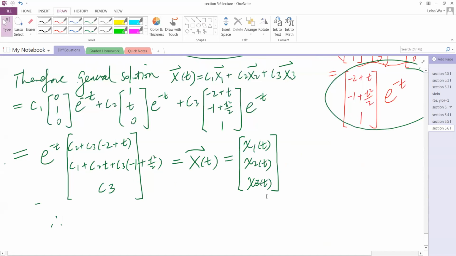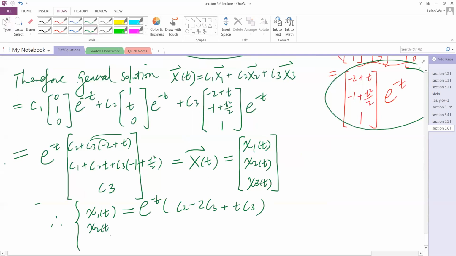So if you want to put this in more detail, the first unknown, x1 of t, will just be e to the negative t times c2 minus 2c3 plus t c3, right? If I distribute the c3 here and multiply by e to the negative t. Is that good, guys? Yes. Okay.